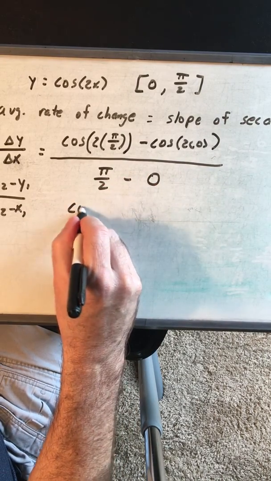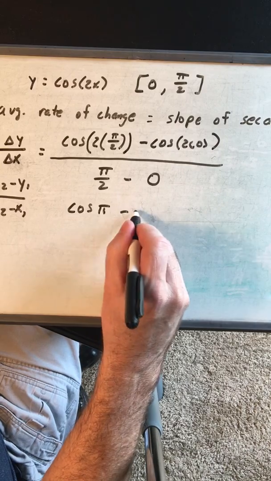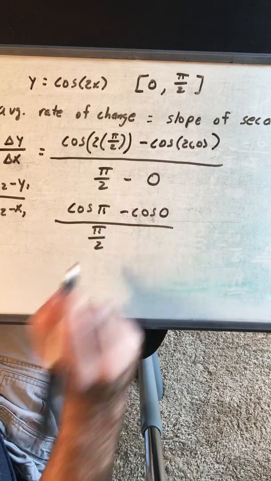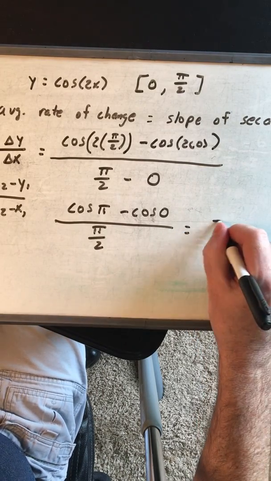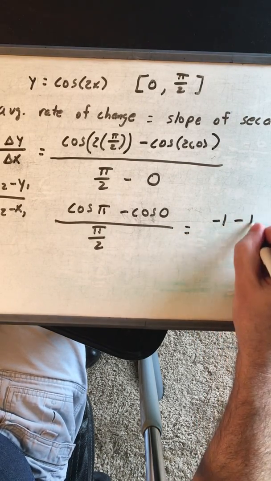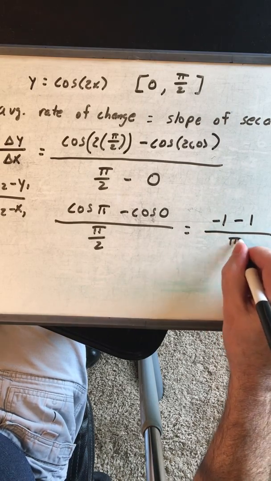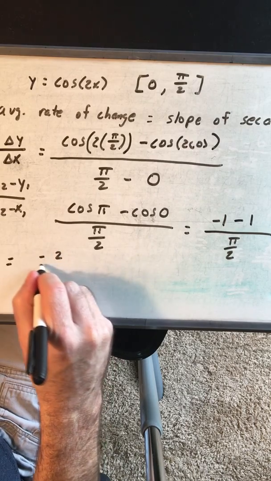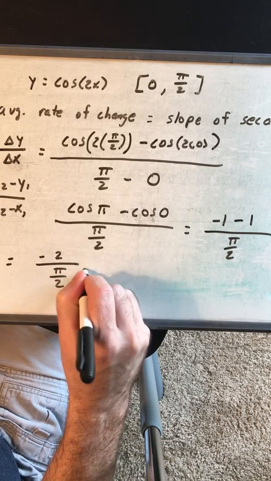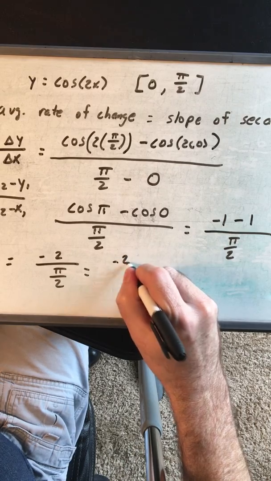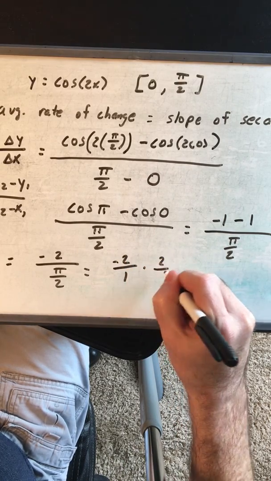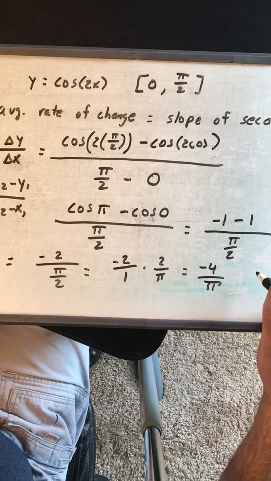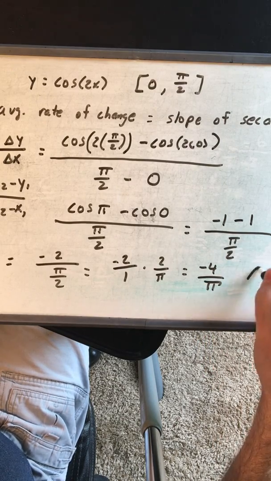So that's going to be cosine pi minus cosine 0 over pi over 2. Cosine of pi is -1. Cosine of 0 is 1, over pi over 2. So that's going to be -2 over pi over 2. That's -2 over 1 times 2 over pi. That's -4 over pi, A.